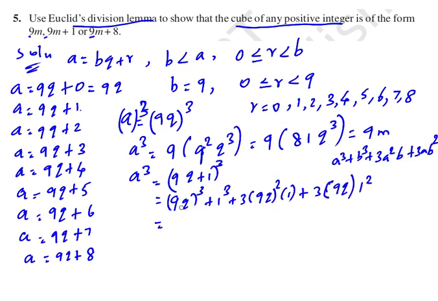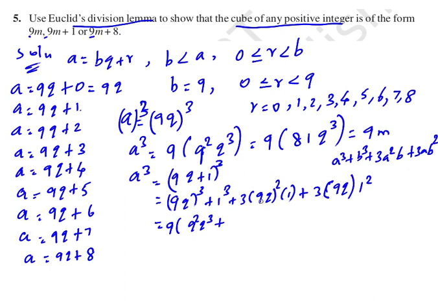In this case we'll take one 9 outside. So 9 times 9 square q cube, plus all the q terms we will write together, and this one we will write last.